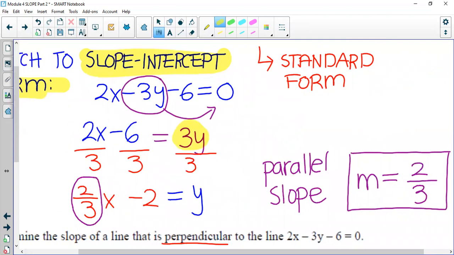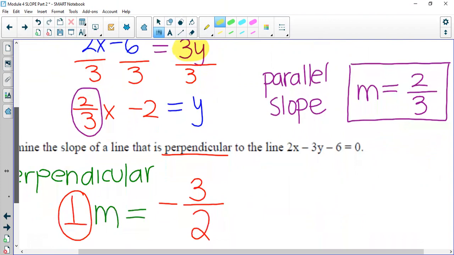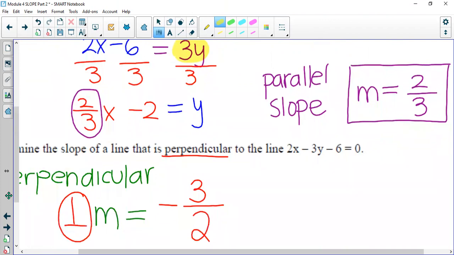So the parallel slope is going to be positive 2/3. Can anyone tell me what the perpendicular slope is going to be? Very good. The perpendicular slope is going to be negative 3/2.